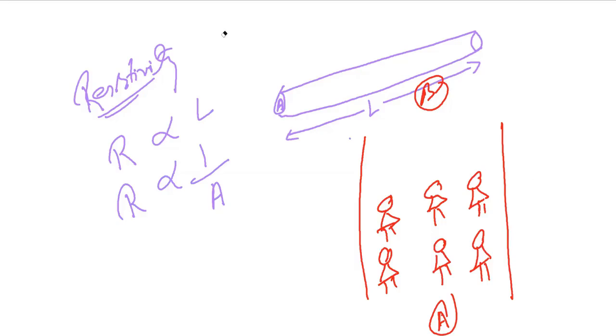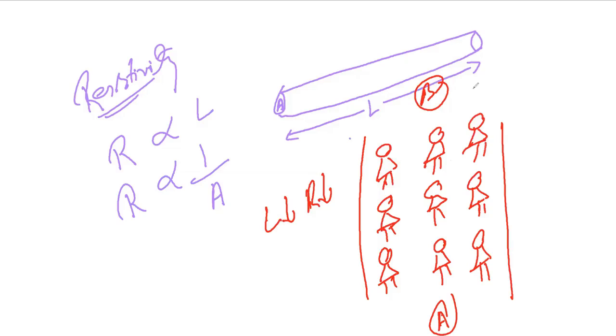So less length means less resistance. But if you increase the length, you are increasing the resistance. Maybe at some point there is a huge resistance, or at other points there is less resistance.